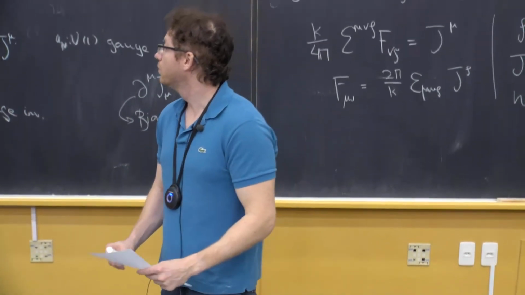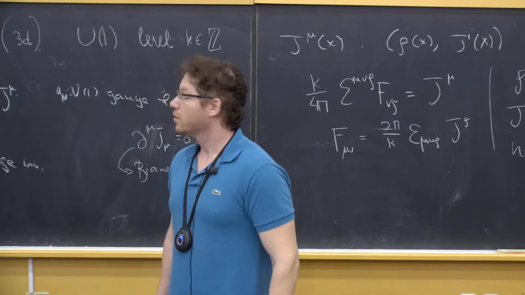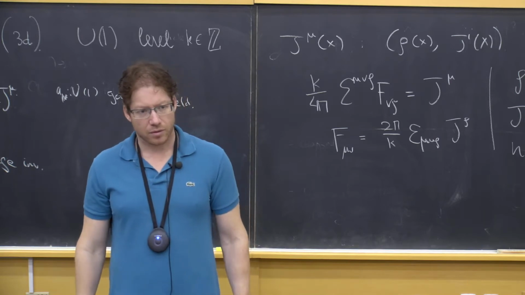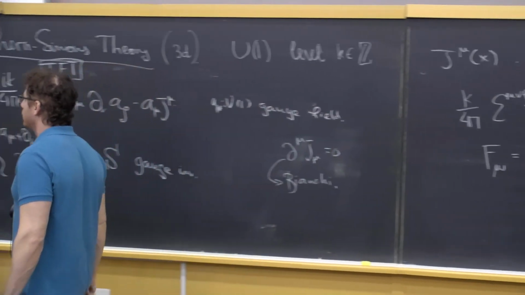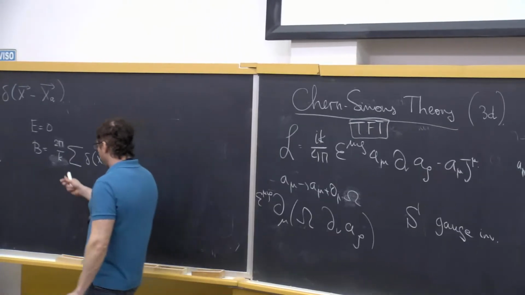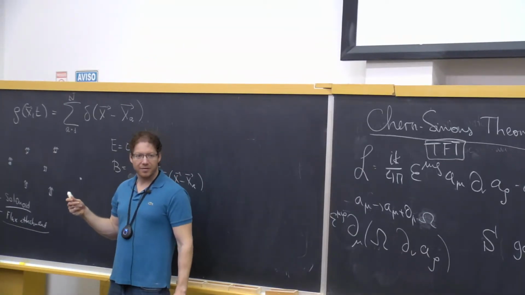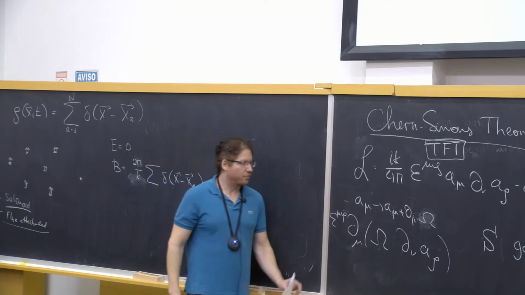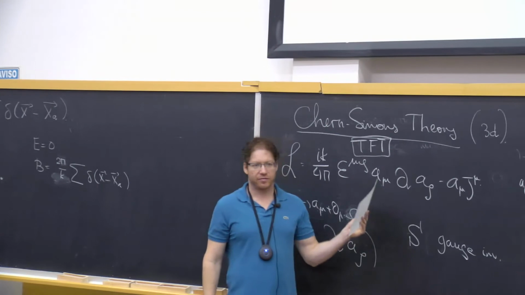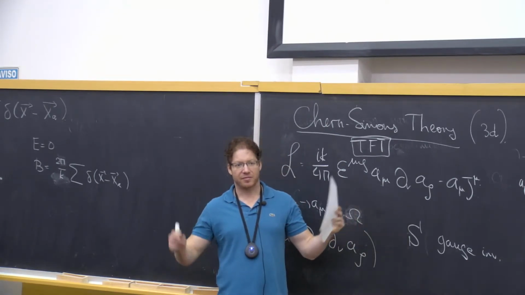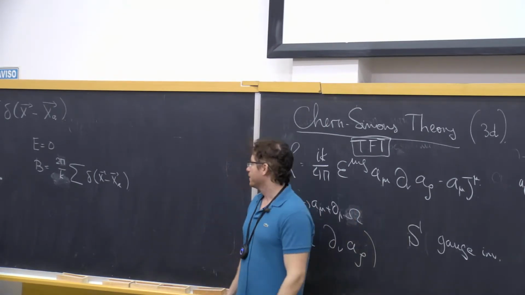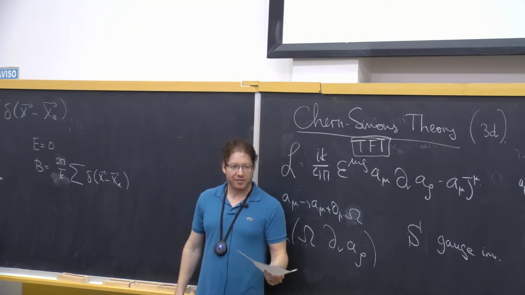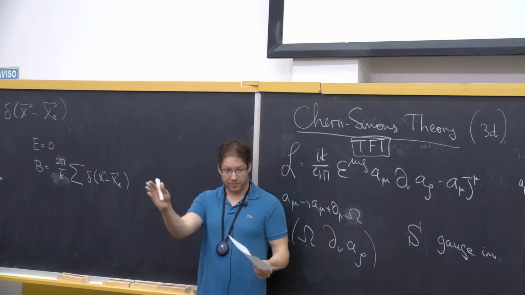Why are you calling these fields the electric and magnetic field, not the reverse? Oh, the question is why I'm not calling this E and this B? There are established conventions for what we mean by the electric field. The electric field is the F0i, the time-space components of the field strength, and the magnetic field is the space-space component. But more seriously, the electric field is a vector in space.